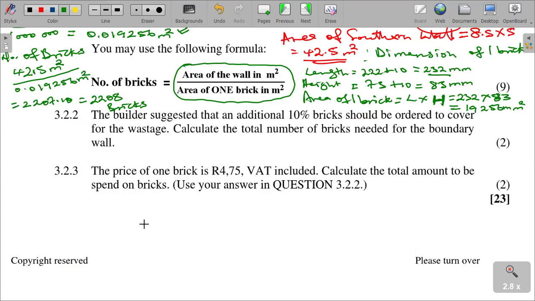So the next question is saying the builder suggested that an additional 10% bricks should be ordered to cover for the wastage. Calculate the total number of bricks needed for the boundary wall.